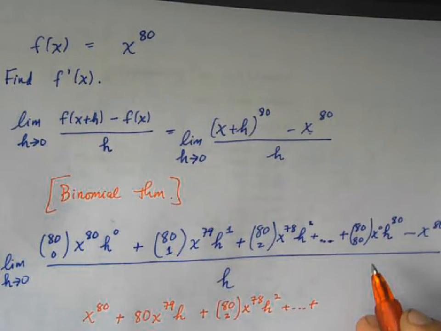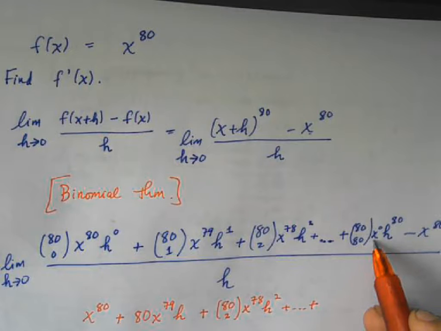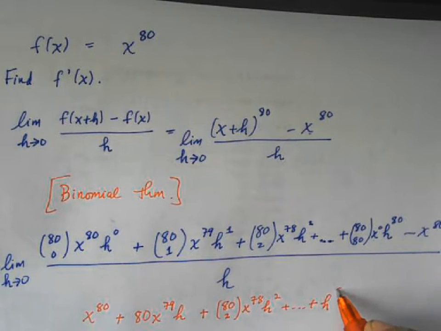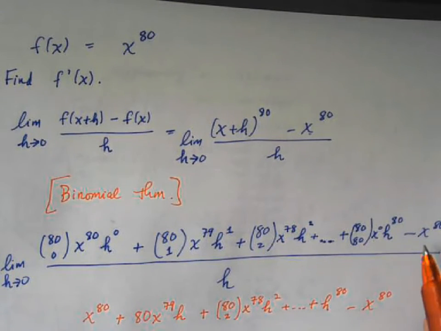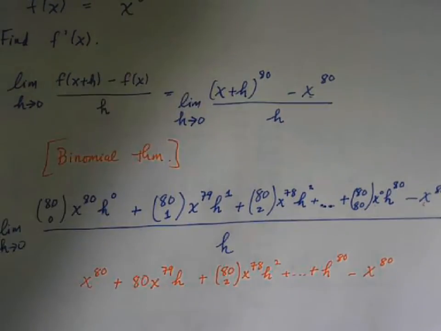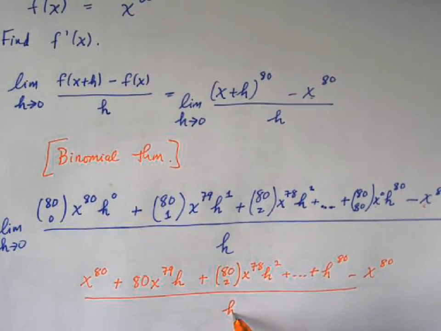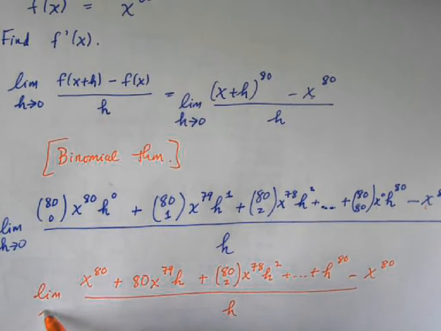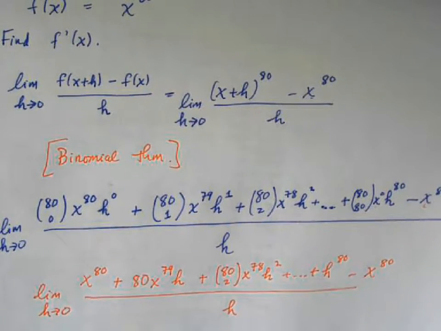We get to this point, 80 choose 80 is also 1, x to the 0th is 1, and so what we have here is h to the 80th power, minus x to the 80th power. That's this term right here. We still have that left over. And all of this, once again, is over h, the limit as h approaches 0.